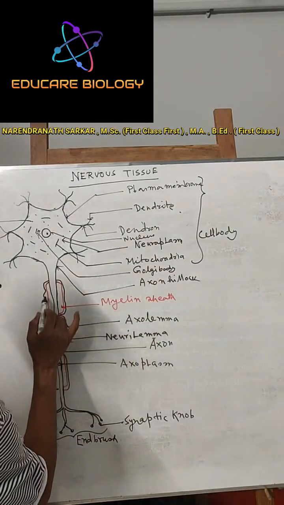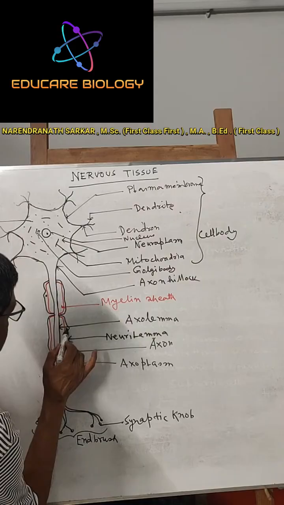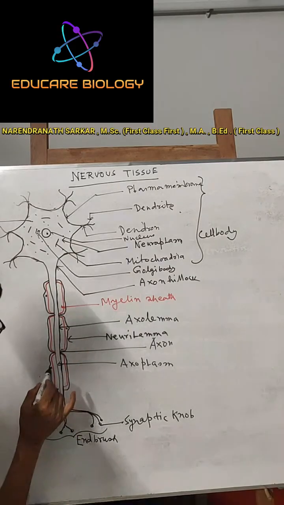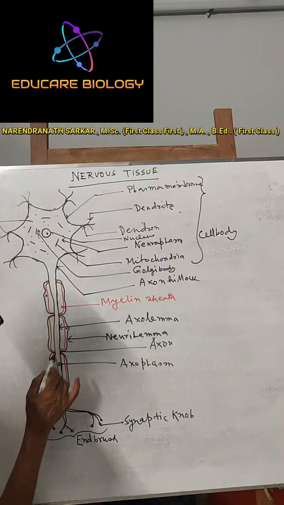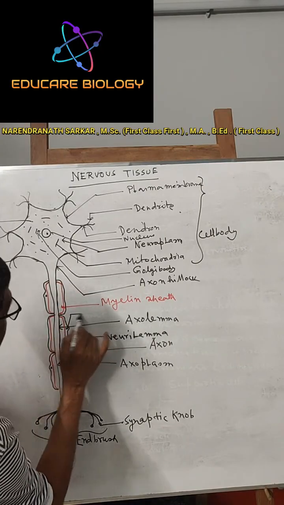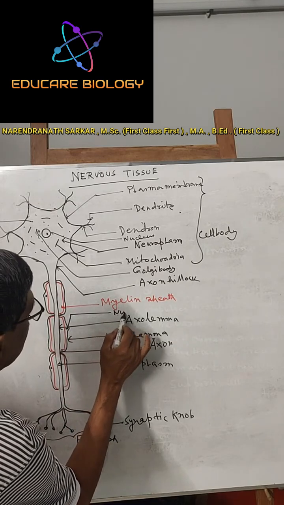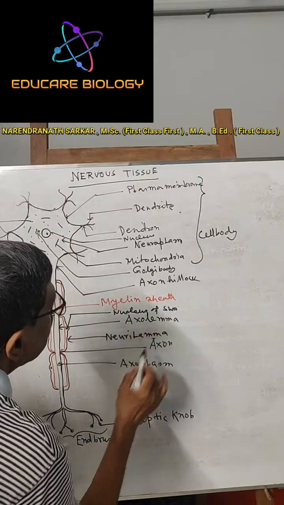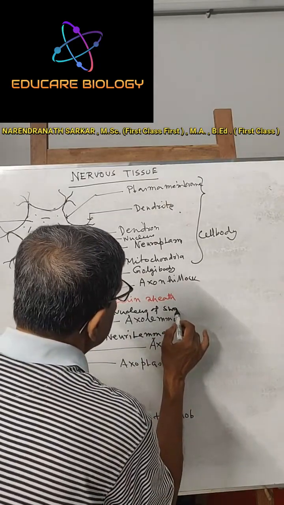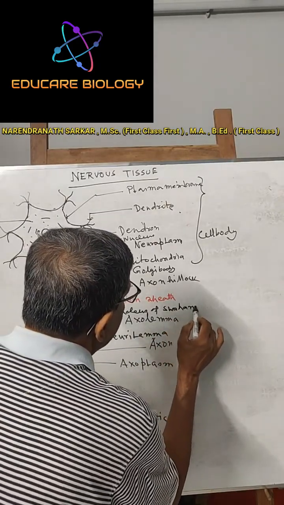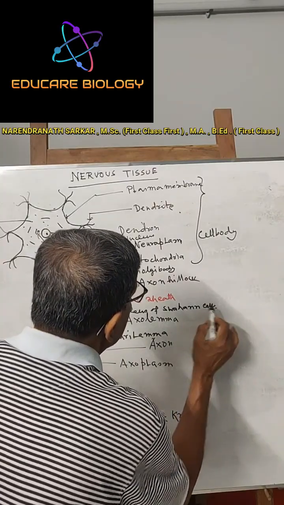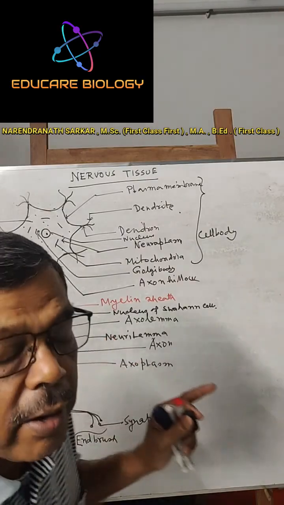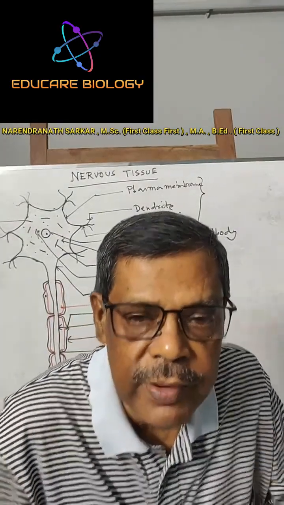This is the nucleus of Schwann cells. This is one kind of neuroglial cell which is found in the peripheral nervous system only.